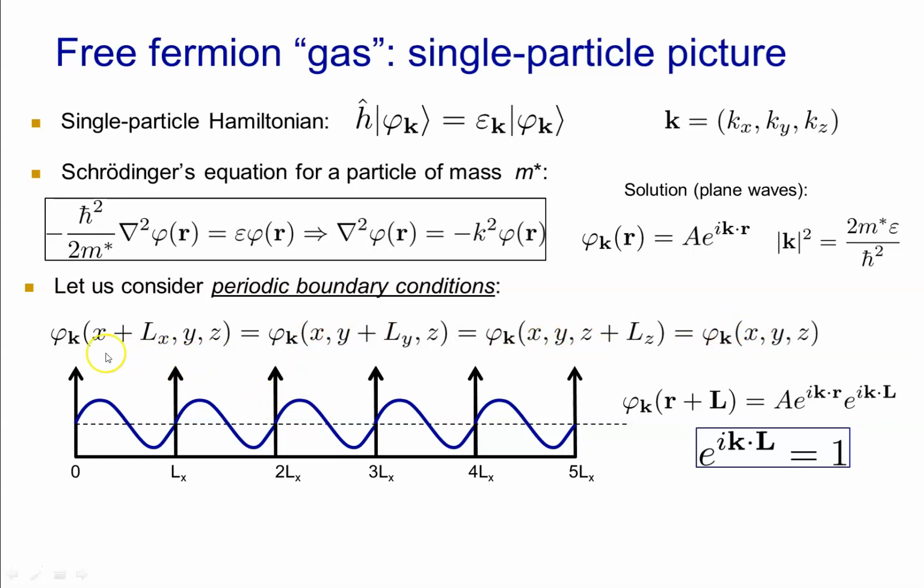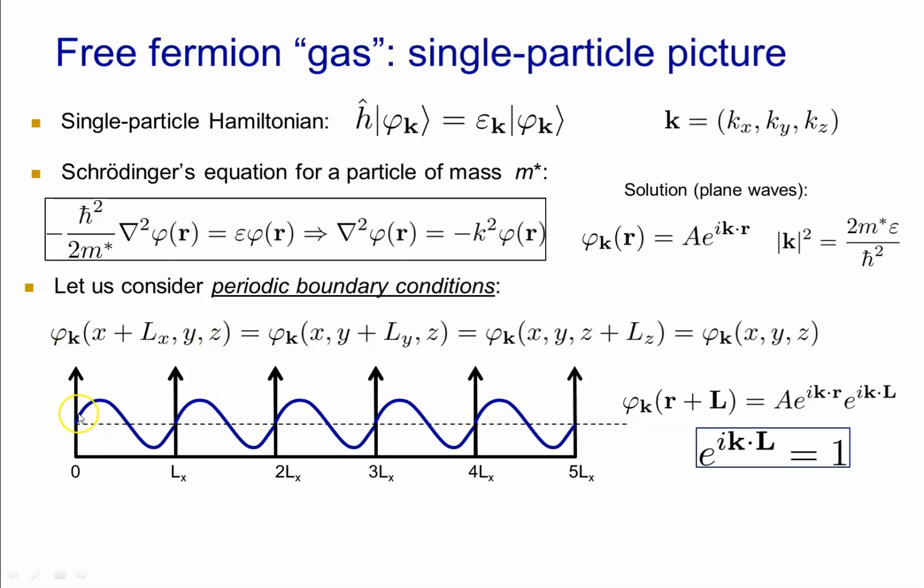So let's take the displacement in x here, for instance. So you have this Lx, 2Lx, 3Lx. Every time you say you were sitting here at this position x, what I'm imposing is that the value of the wave function is the same if you are at x plus Lx, x plus 2Lx, x plus 3Lx, etc. That's what I'm imposing.